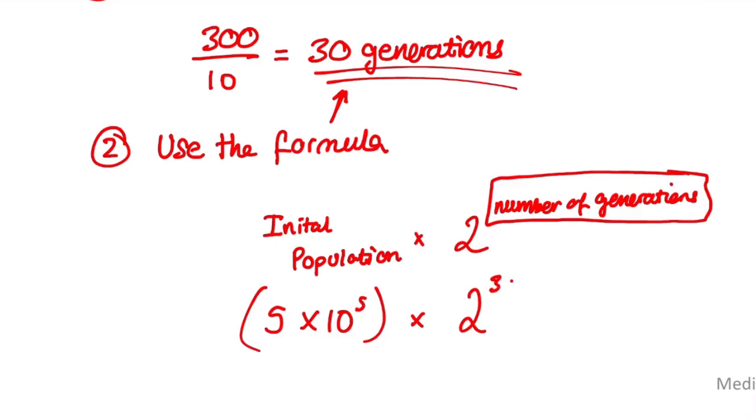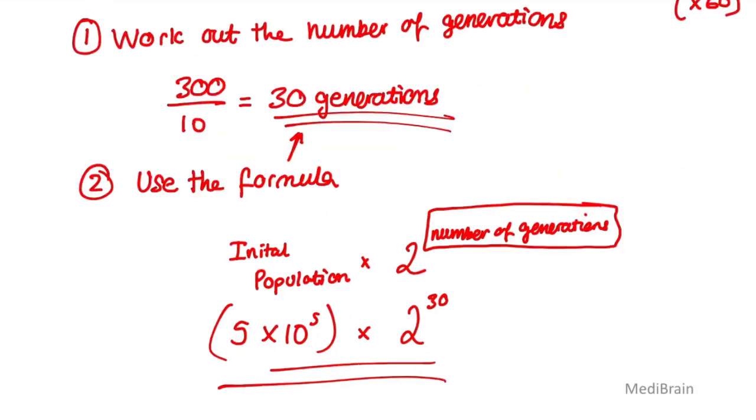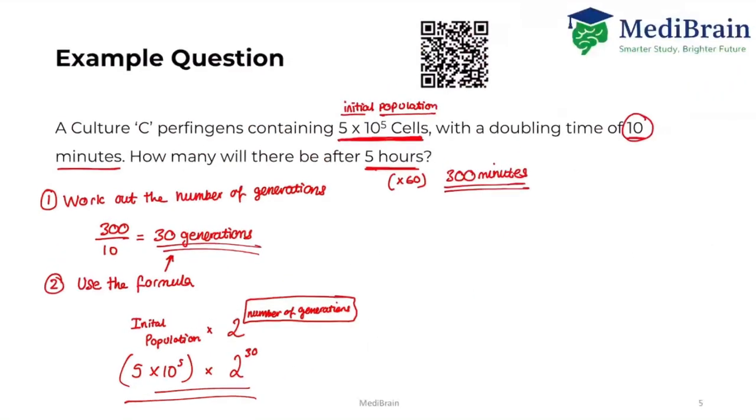So it's going to be 2 to the power of 13. So that's what you need to type into your calculator. 5 times 10 to the power of 5 multiplied by 2 to the power of 13. And that gives you an answer of 5.37 times 10 to the power of 14.